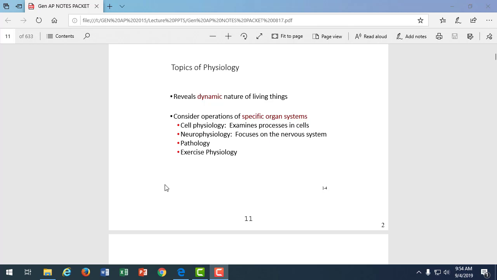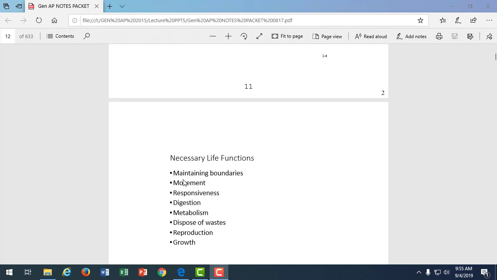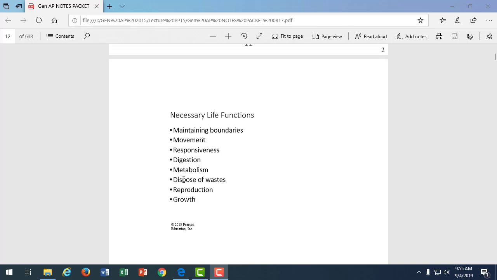Prostate cancer, people have elevated levels of PSA in their blood because of those cells overproducing and maybe not producing the hormone correctly. Exercise physiology are the changes related to exercise. How do our heart and blood vessels and muscles function differently in the environment of exercise? So those are all physiological topics.